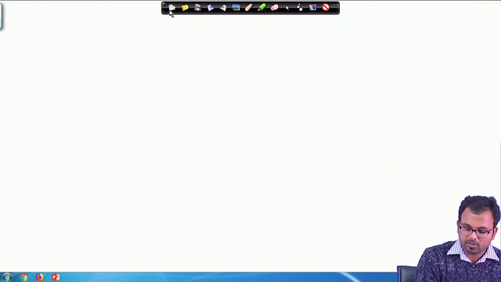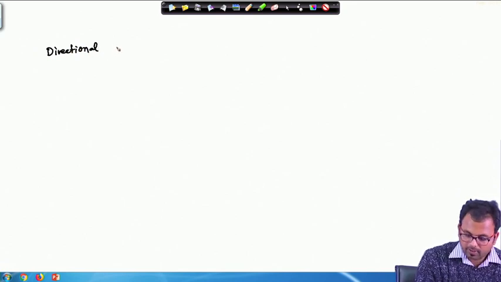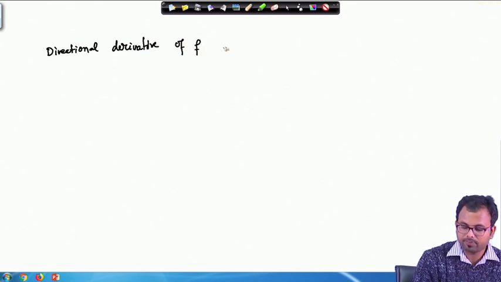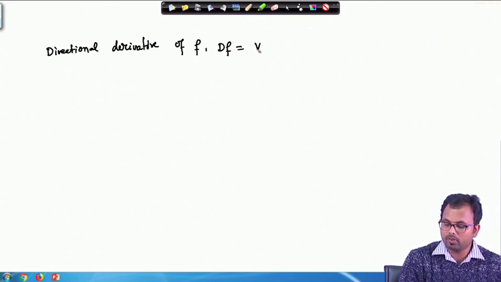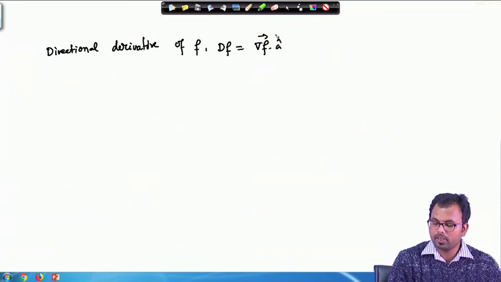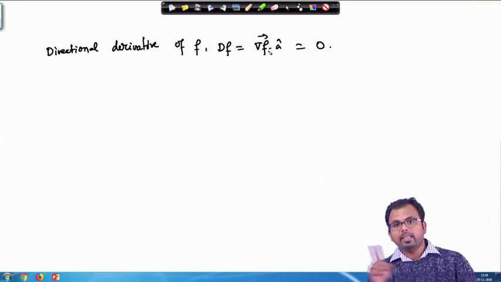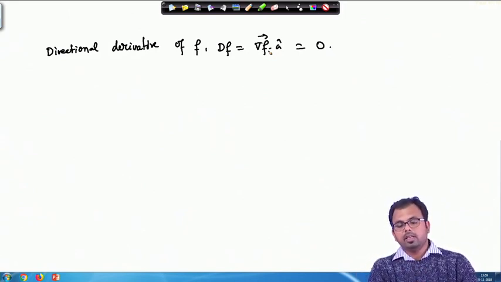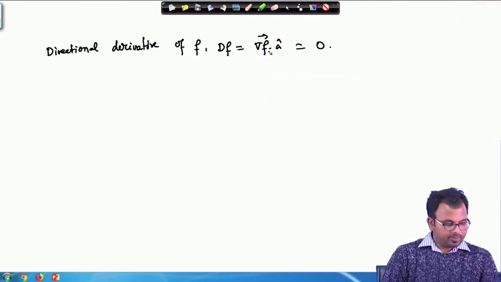The directional derivative of f is given by df at the point p equals gradient of f dot product with a cap, and this is 0. Therefore, the directional derivative of the function f along any tangent line is always equal to 0, because the gradient of f and the vector along the tangent line are perpendicular to each other, and therefore this is our required result.